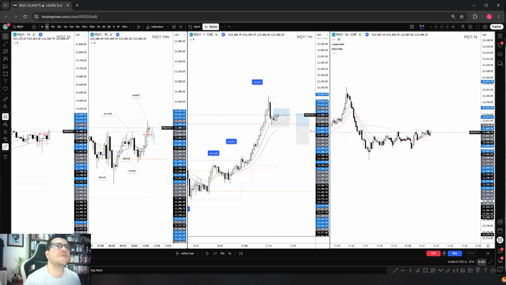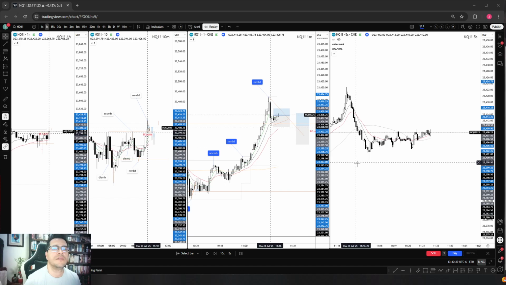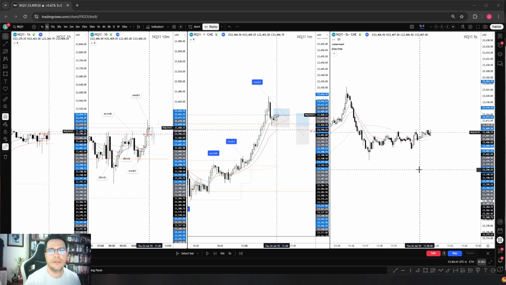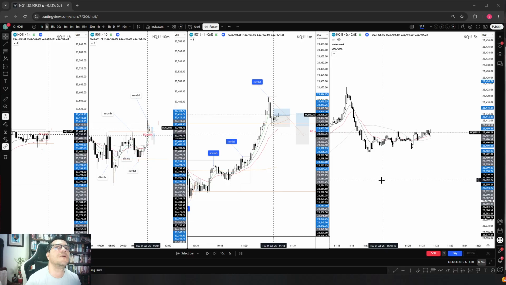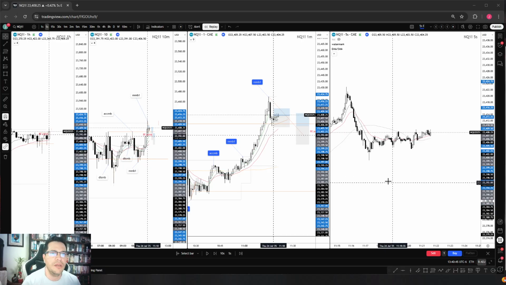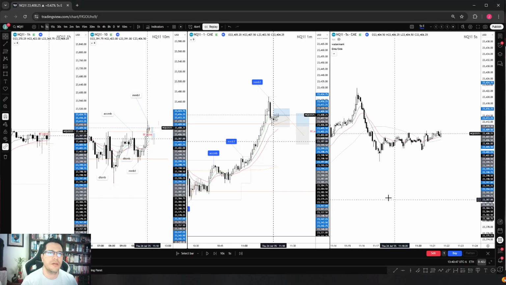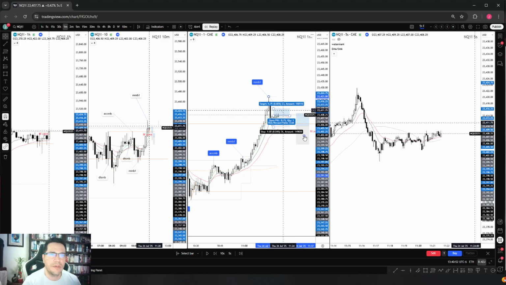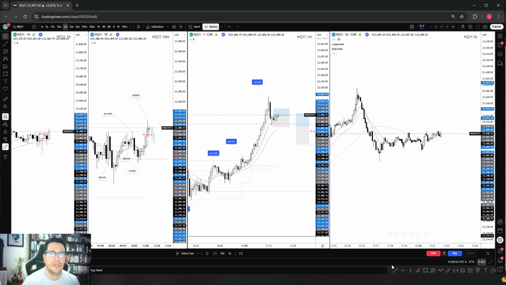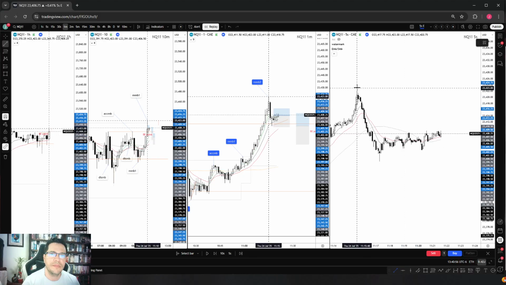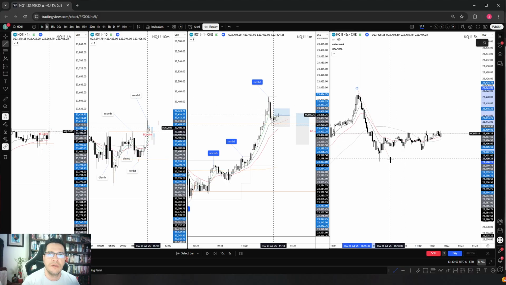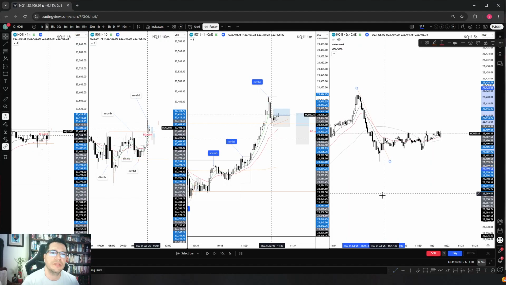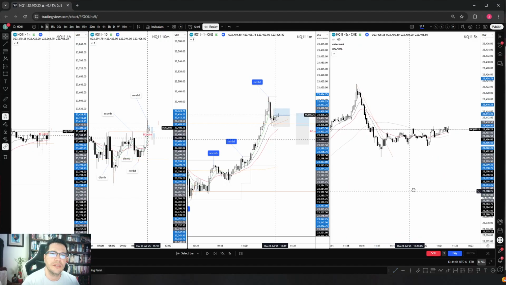30, this is over. Okay, I believe there's one trade that I took here, so we're gonna study that. Let's mark it together. So at the time this price action was occurring, this was the containment line that we had.